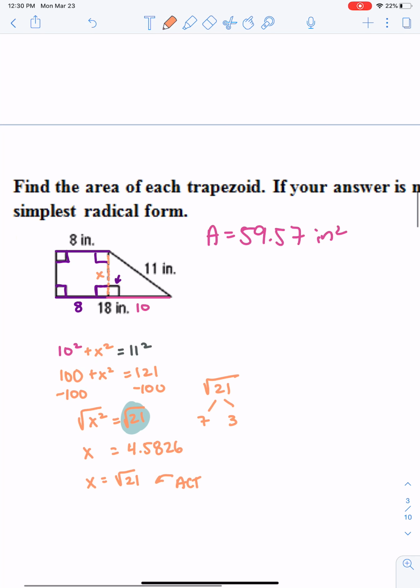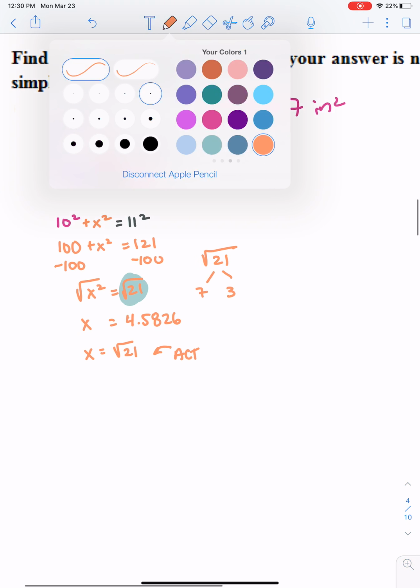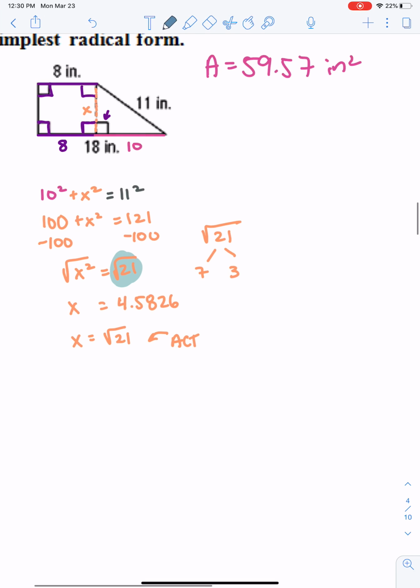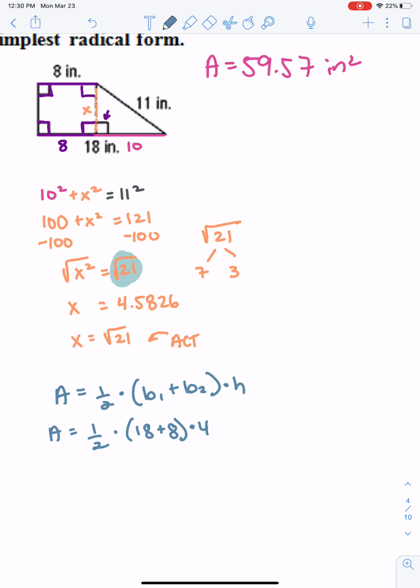So now that I have the height, I can plug in my formula, and I would say the area is 1/2 times base 1 plus base 2 times the height. If I don't do the ACT method, I will just do 18 plus 8 times the height, which is 4.5826.